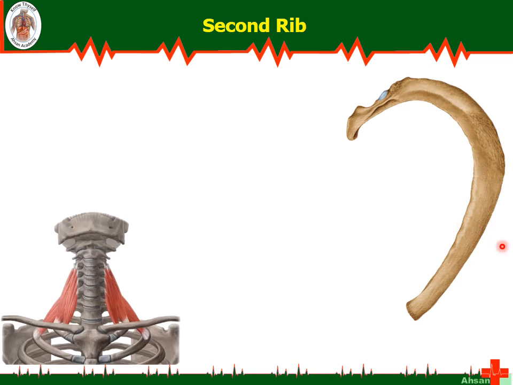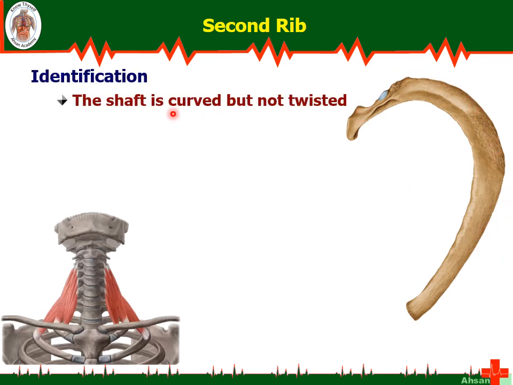This is the second rib. This is also atypical, and you can see it has more similarity with the typical ribs, but carries some features of the first rib too. This shaft is curved but not totally twisted. It has an inner border and an outer border.